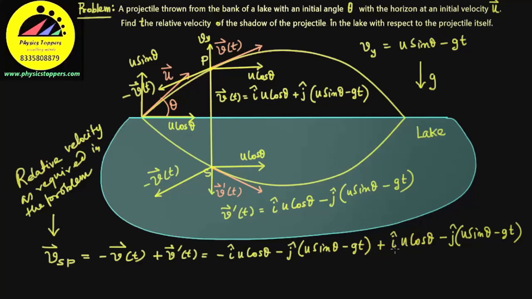Now in this problem, these two terms get cancelled, so no horizontal component as you see. So that is minus j cap, that's the direction, times 2 (u sine theta minus gt).